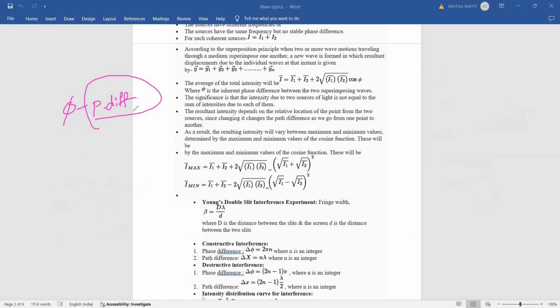So here phi is the phase difference between the two superimposing waves. Whatever waves we are considering, the phase difference between them is taken as phi.